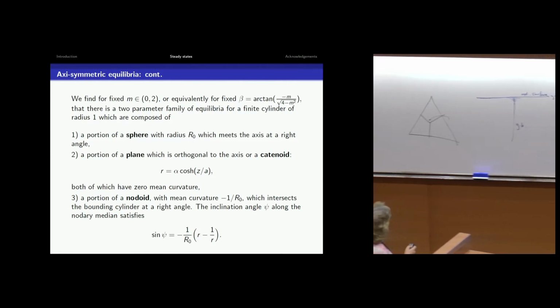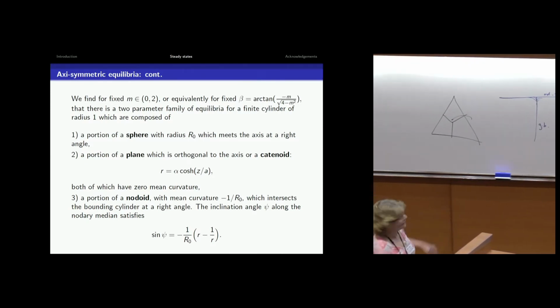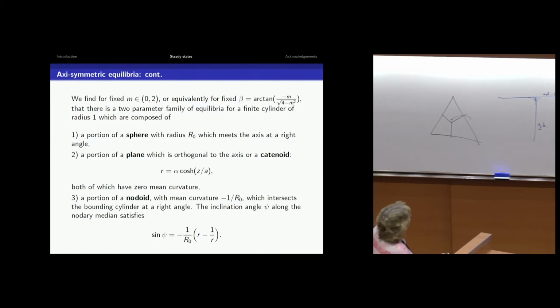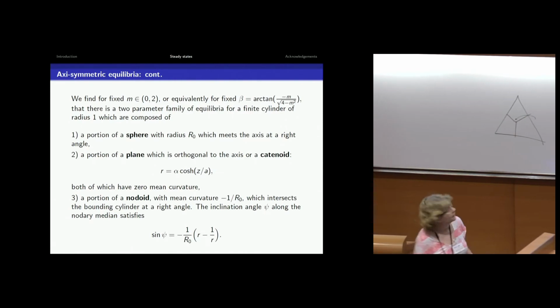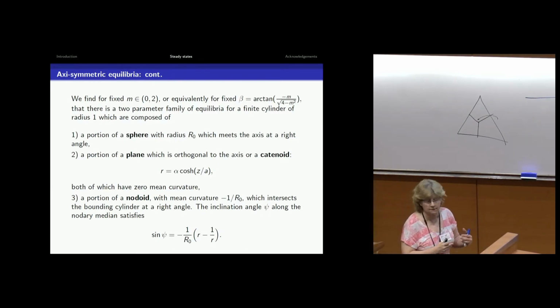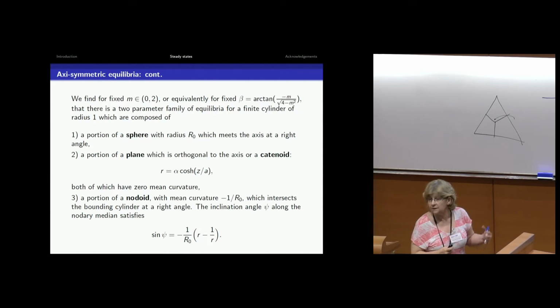And for the description of a nodoid, you look along the median, and this is some equation. It's a Delaunay surface. The inclination angle is this phi. So it has some formula, and the way this has been set up, it fits the persistence and continuity of chemical potential and angle conditions that we want to place on the system.